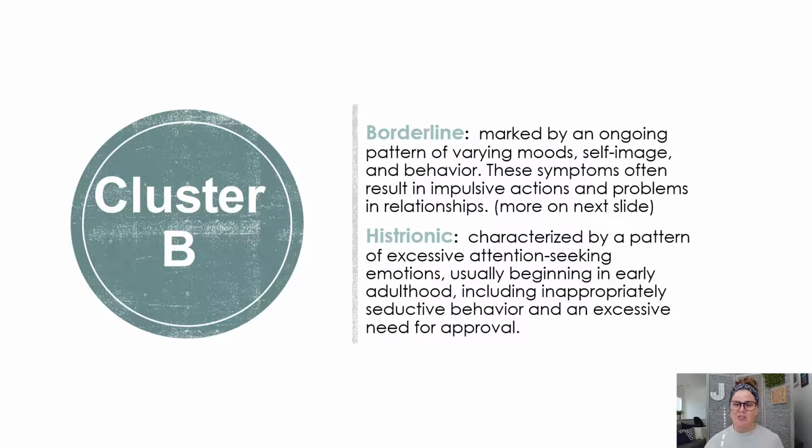Histrionic personality disorder, and these are going to be ones that you are somewhat familiar with. Histrionic personality, these are going to be people that have a behavior that is very attention-seeking. Typically histrionic patterns emerge in early adulthood, and very often these result in inappropriate seductive behaviors, and they are seeking approval at a level that is not normal.